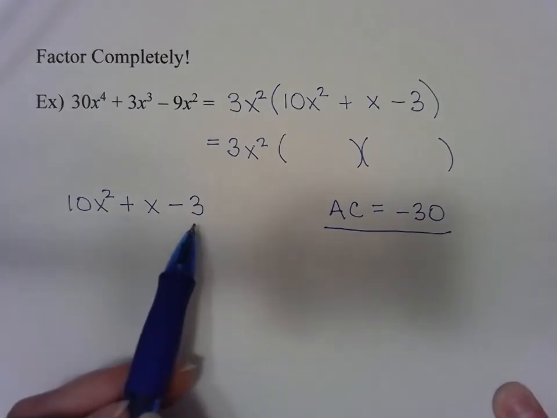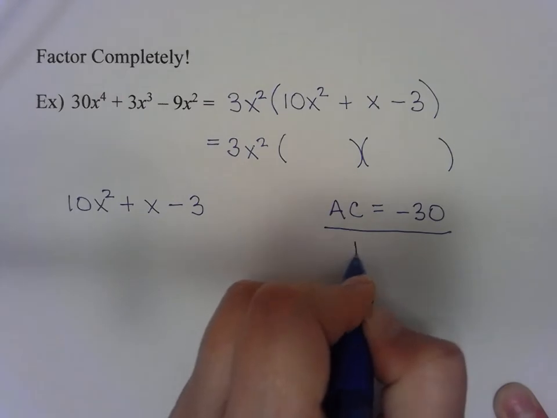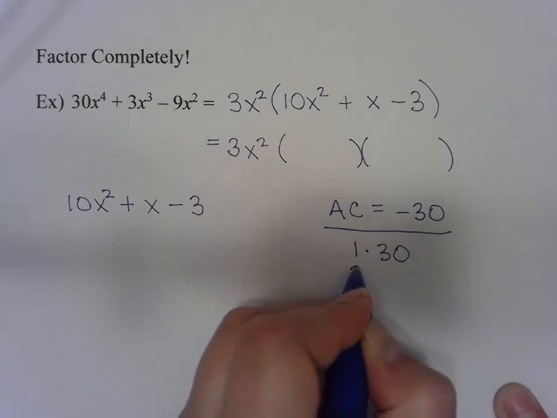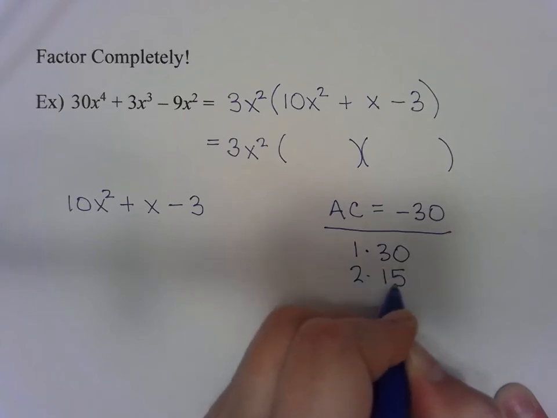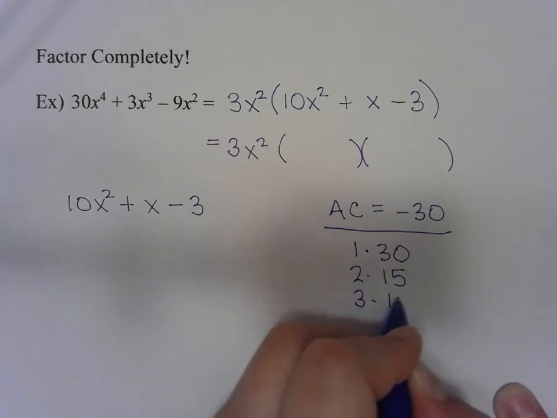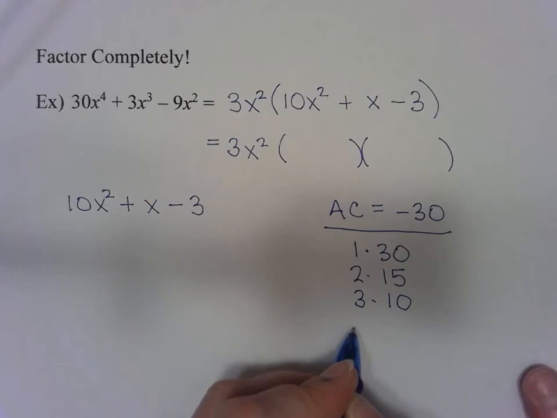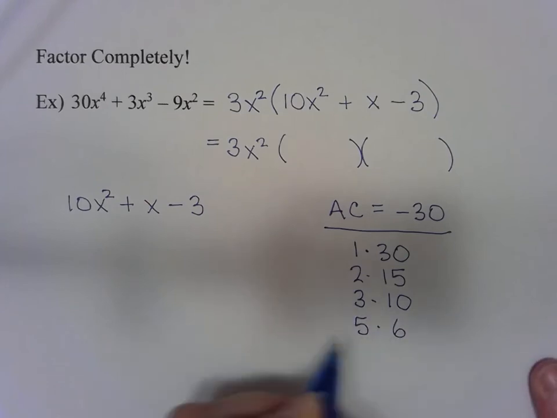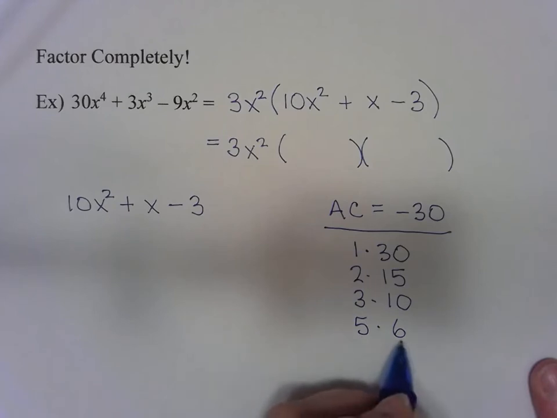A times C would be negative 30. Factors of 30, let's say, 1 and 30, 2 and 15, 3 and 10, 4 doesn't work, 5 and 6, the next number would be 6, but we have a 6 already, so we're done.